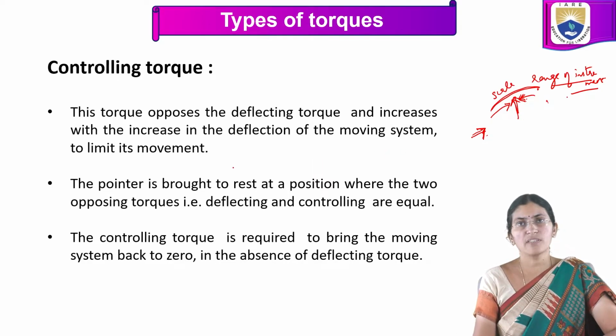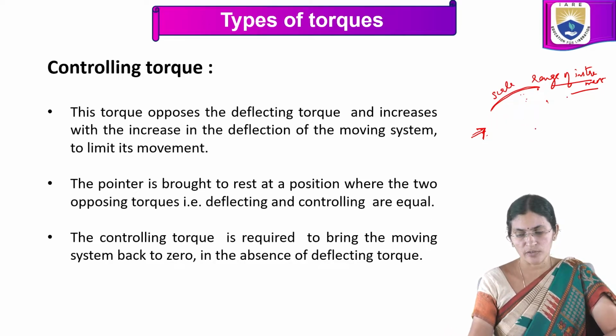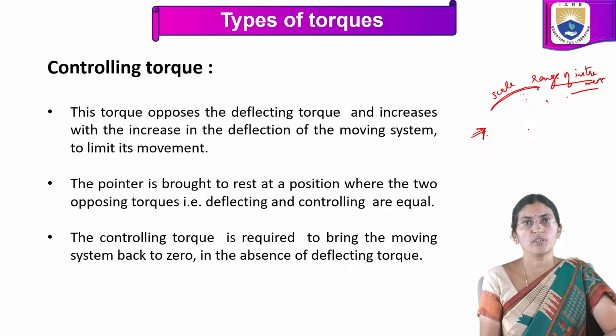There are two important requirements of controlling torque. First, in the absence of deflecting torque, the pointer should be brought back to its original position, that is zero position. That is one of the important functionalities of controlling torque.